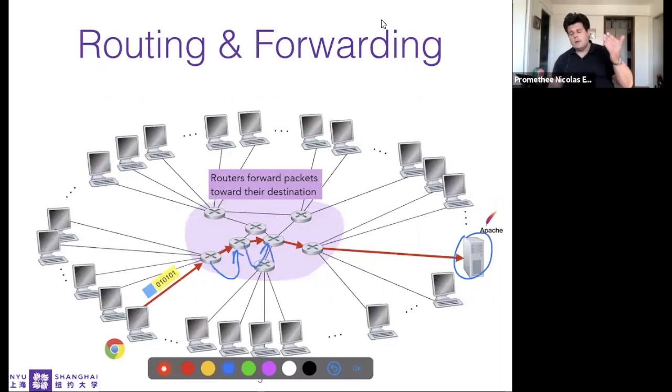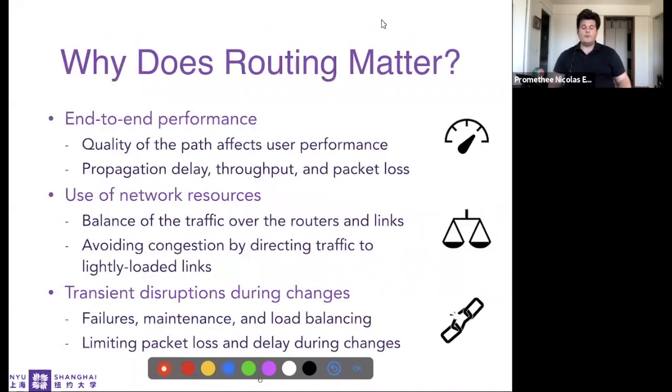So once we know the next one, the next one, the next one, this way we get closer to the destination. Which means that when we forward the packet, do we need to know the detail of the end path? No, the end-to-end path doesn't need to be known. The only thing that I need to know is who is the next hop. That's it.